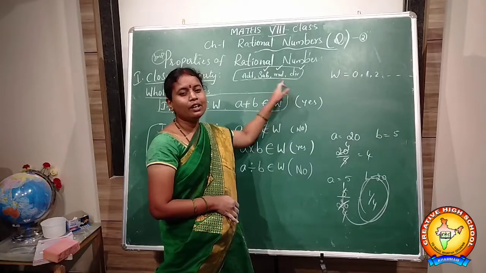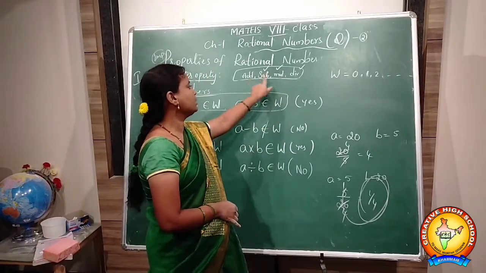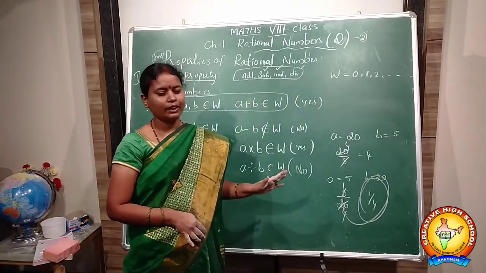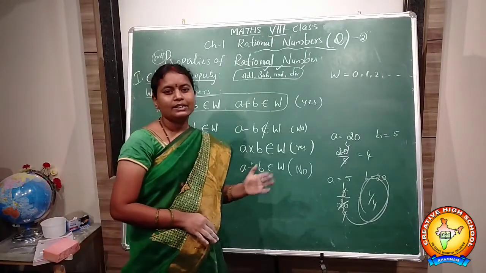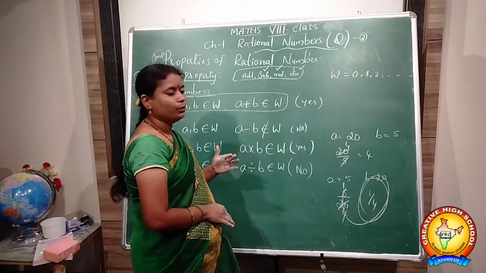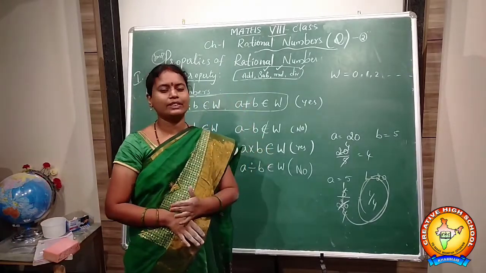Yes, is it clear? Now, the same closure property under addition, subtraction, multiplication and division, let us apply for integers also. And after that, the same closure property for rational numbers, we have to check under addition, subtraction, multiplication and division also.